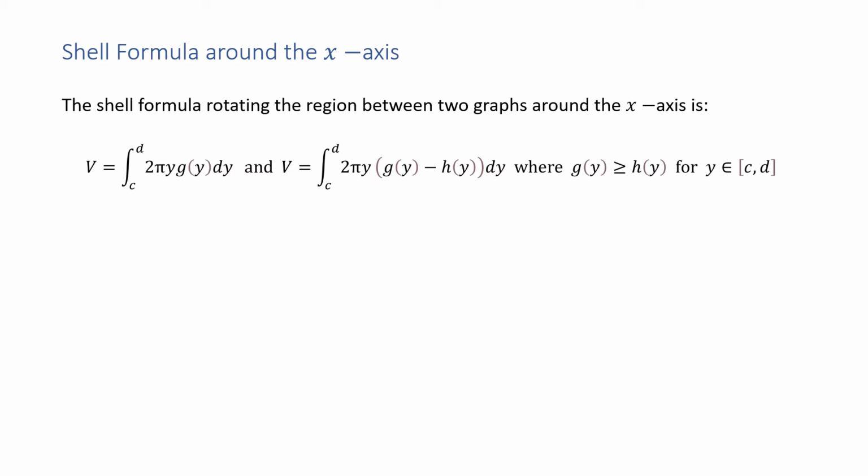That's just a complicated way of saying right function minus the leftmost function.